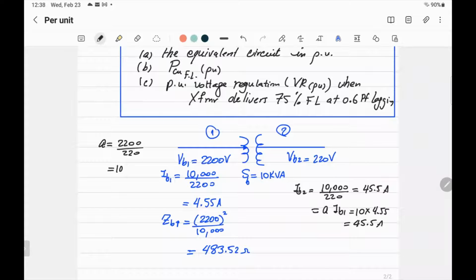The same thing. What about the impedance? The same thing. You can do also. You find the ZB2. Let's just use first the formula, BV square, in this case, 220 square divided by 10,000. What you will get? You will get 4.835 ohm.